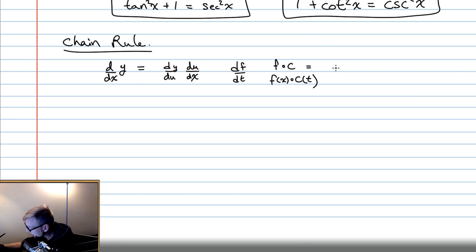So this would be f of c of t, which means c of t is replaced for x.